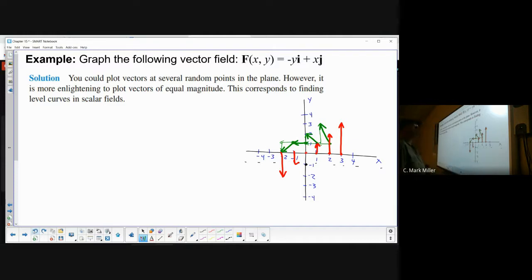What's the vector going to be there? The y coordinate is -1, so the i is going to be minus a -1, 1 in the i direction, x is 0. So that's going to go 1 that way.